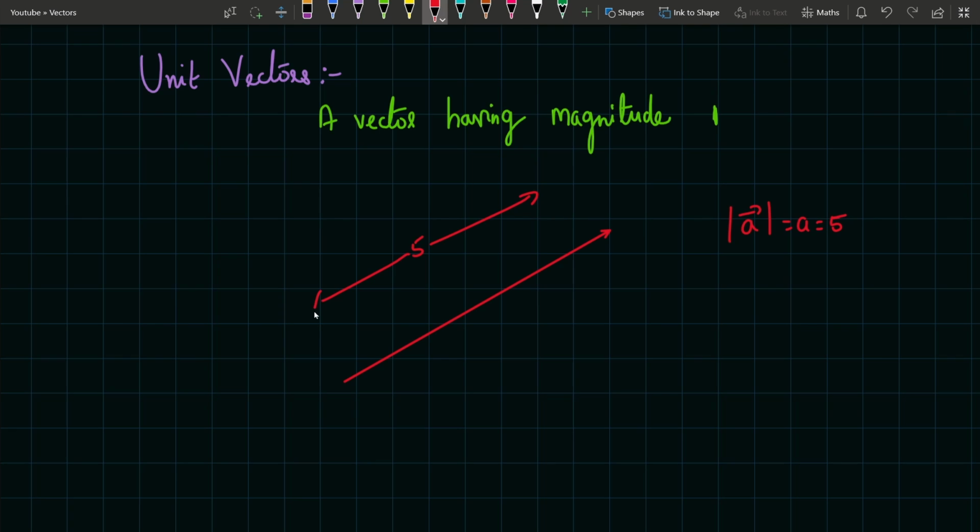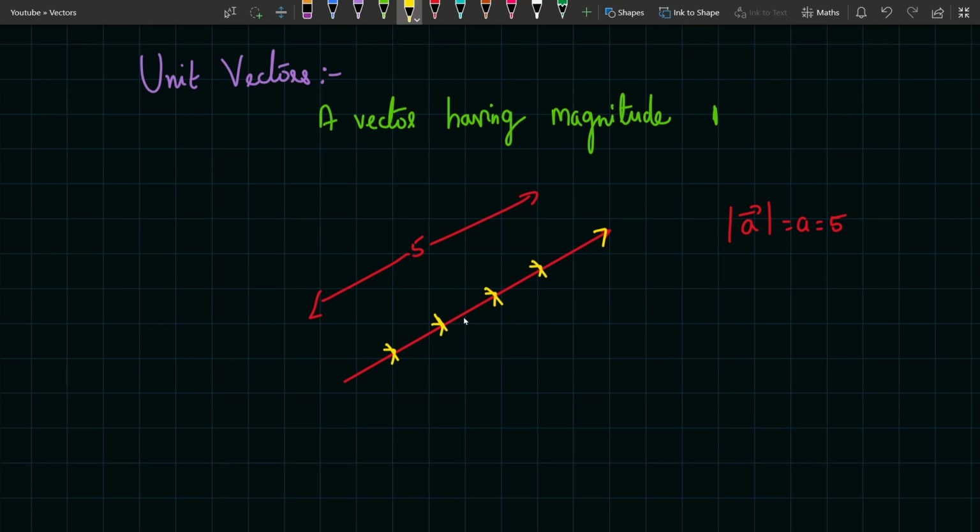What if I divide this arrow's length into 5 equal parts? 1, 2, 3, 4 and 5. Imagine they are all equal. So that means each part has a magnitude of 1, that is, each part has a length of 1.